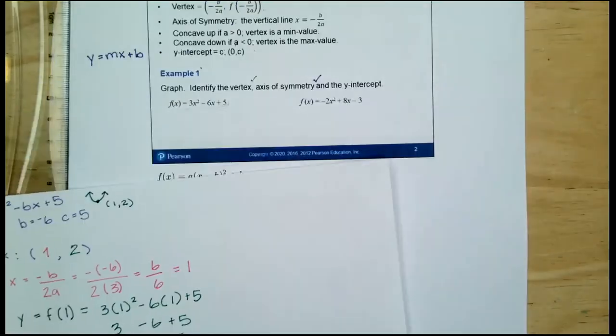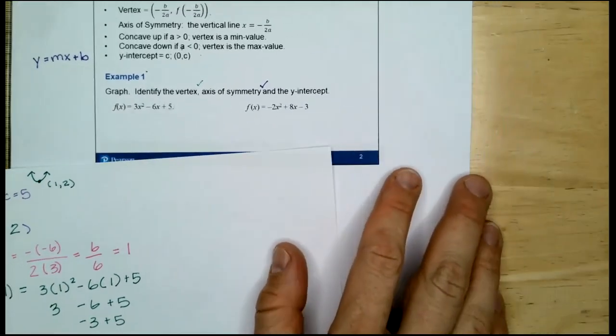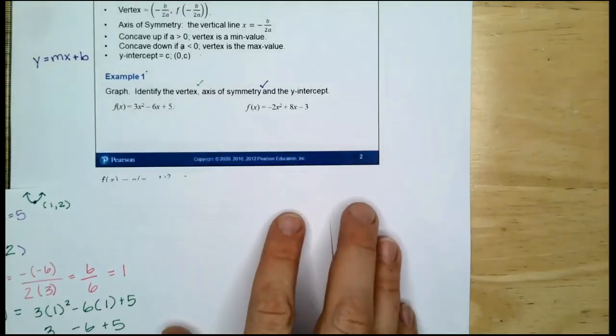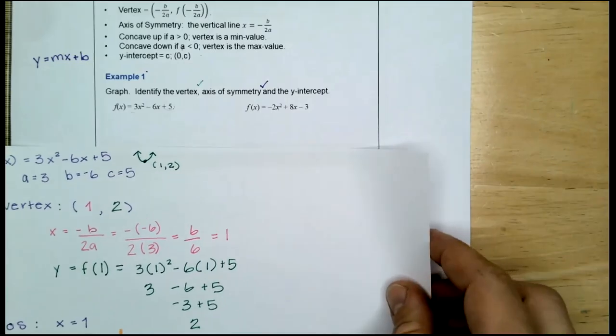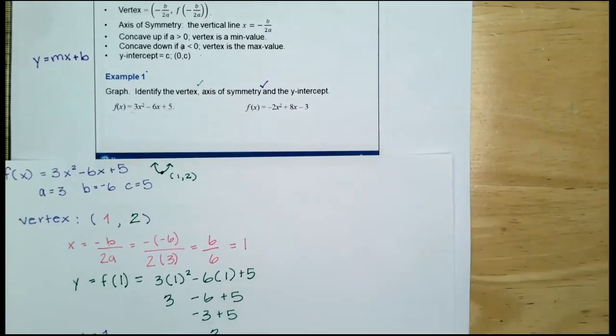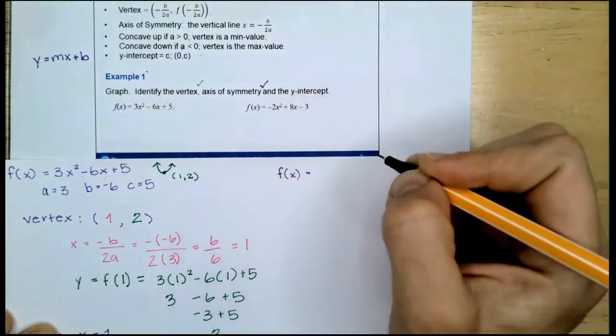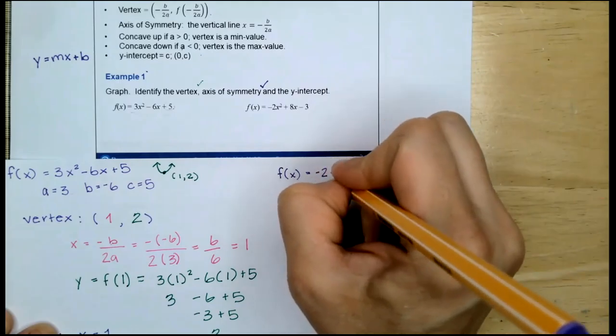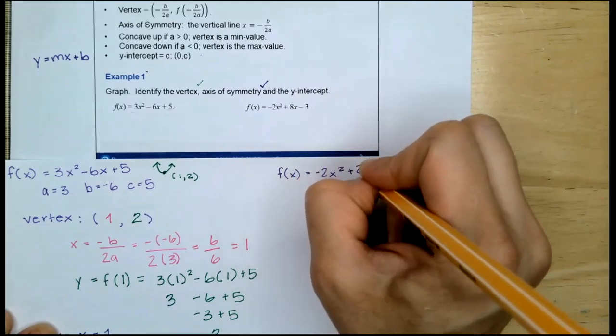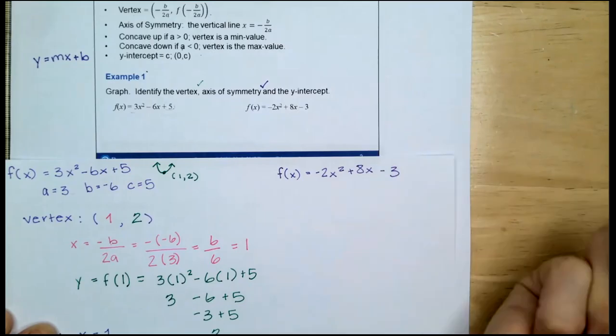Next was f of x equals negative 2x squared plus 8x minus 3. Okay. F of x equals negative 2x squared plus 8x minus 3.